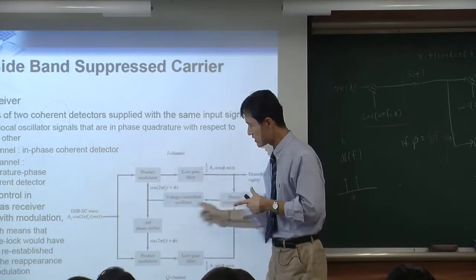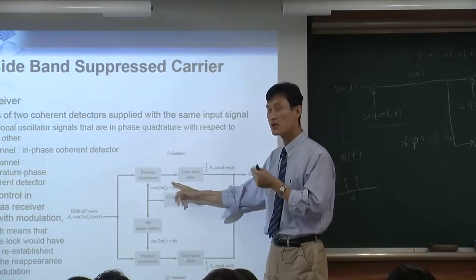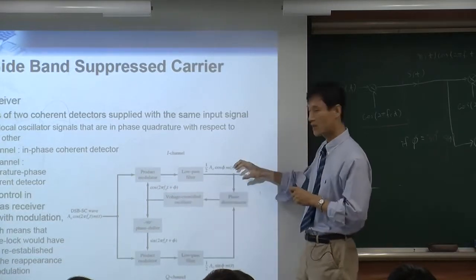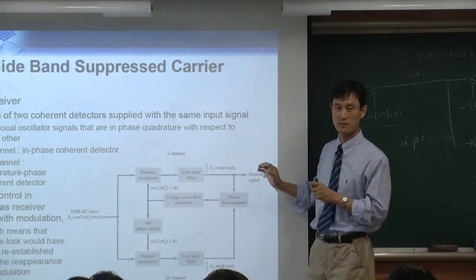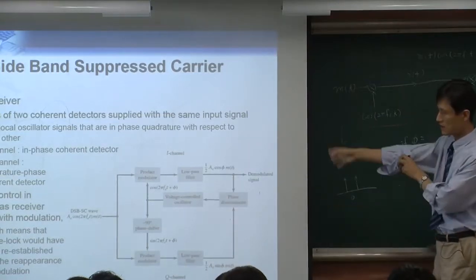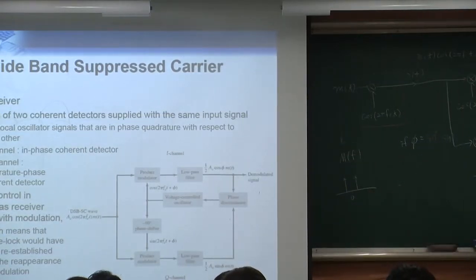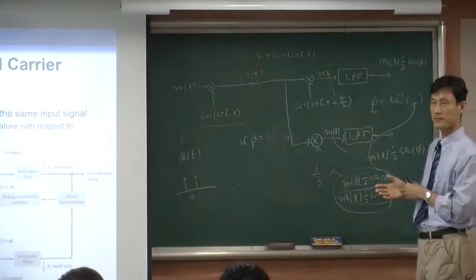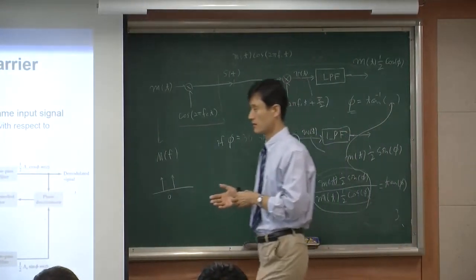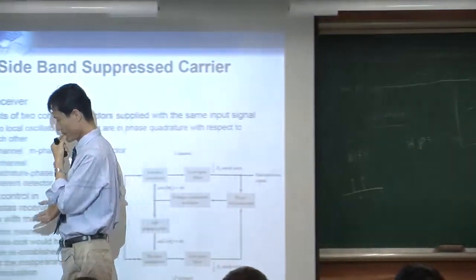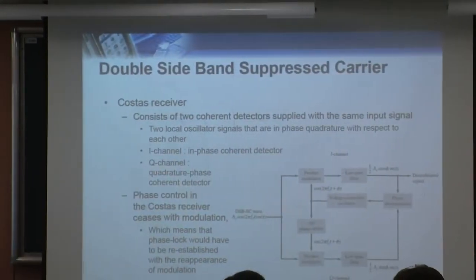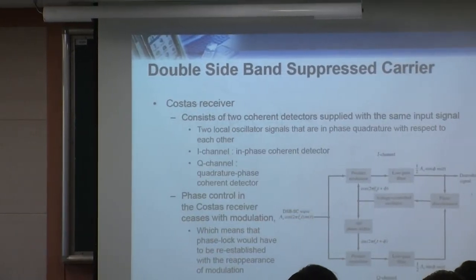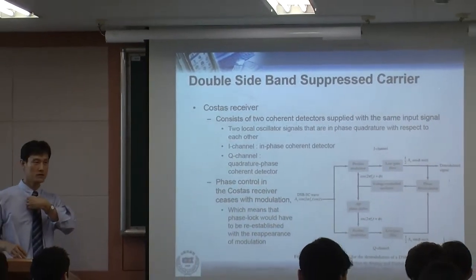Once you do this correction, eventually the phase is matched, phi equals 0, and you get the maximum output all the time. So that's the hardware of this receiver. It's very, very important. Okay, so let's stop here.